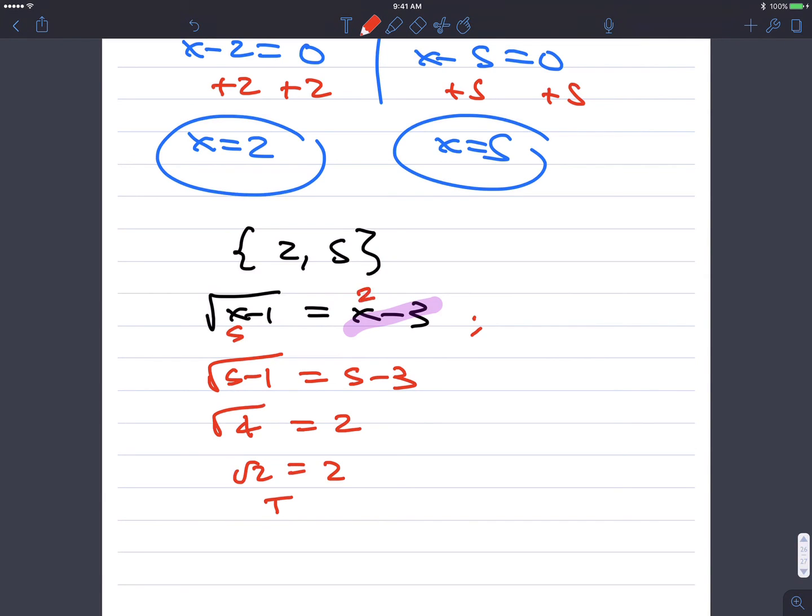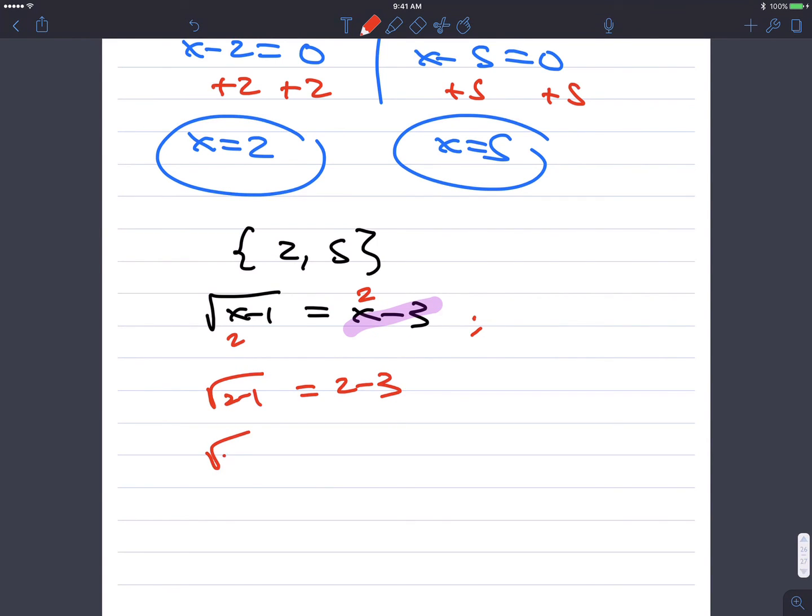What if I plug in 2? 2 minus 3 is negative 1. We can't have a radical equal to a negative. So if I plug in 2 for both of these now, notice we get the square root of 2 minus 1 is 2 minus 3. The square root of 1 is negative 1.